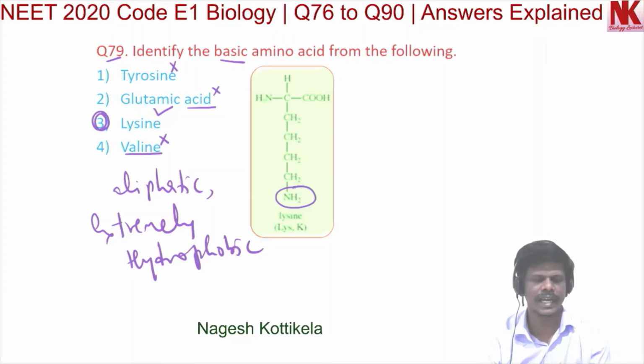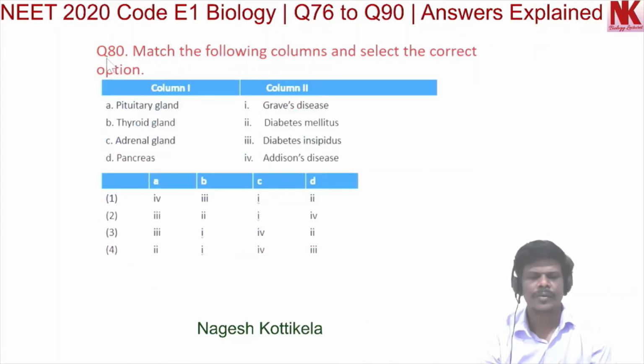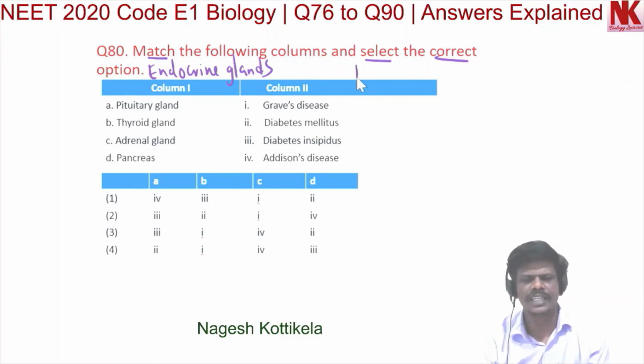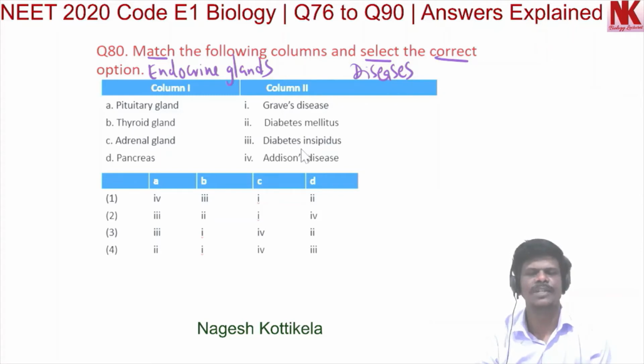Now moving to the next question, number 80. Match the following columns and select the correct option. In column 1, endocrine glands are given, and in column 2, some of the diseases associated with the hyposecretion or hypersecretion of hormones from these glands are given.